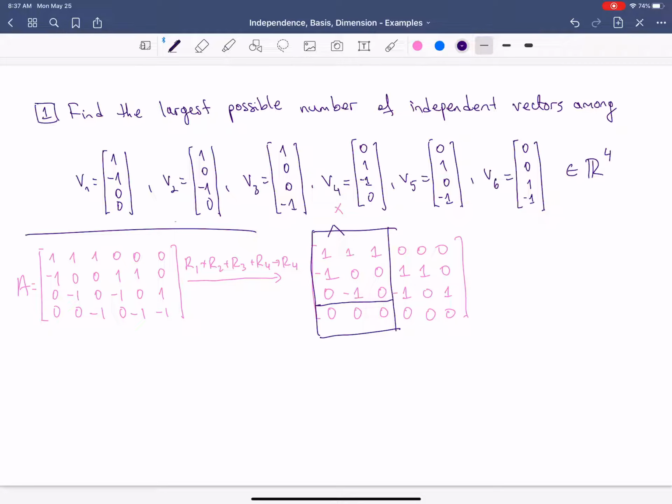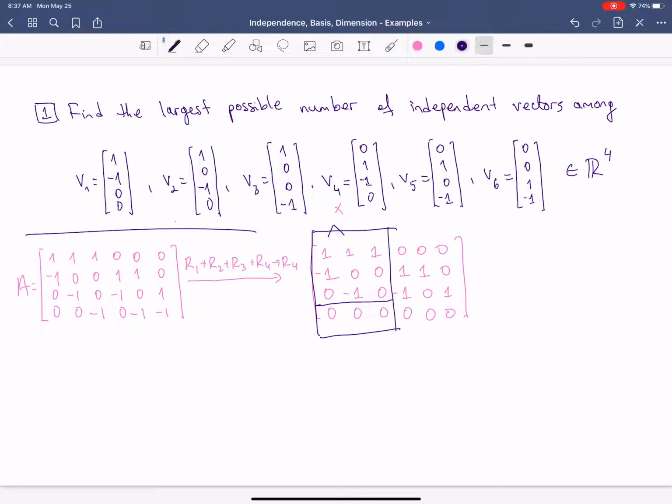The reason being, you have zeros in these two positions. You cannot combine these two vectors so that this -1 and that -1 cancel each other out in some way to produce zeros. That would be impossible.